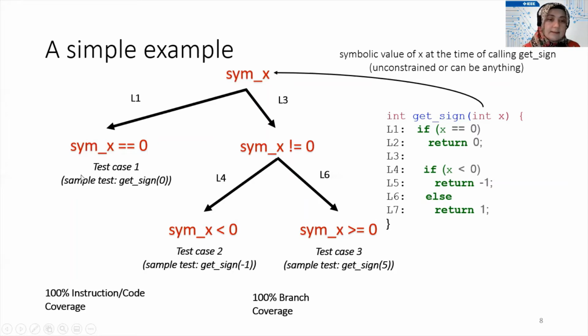So similarly, we can find at least one test from each test case, and then hopefully achieve 100% instruction coverage and 100% branch coverage.